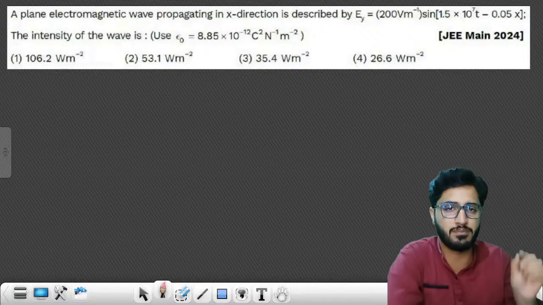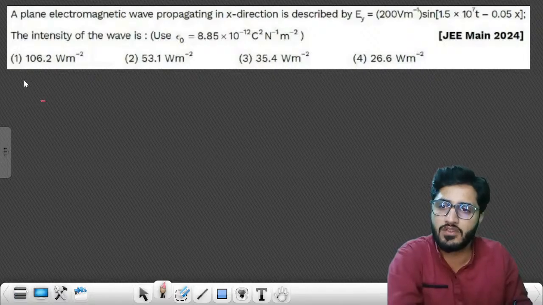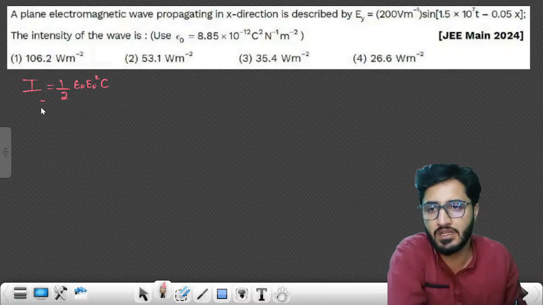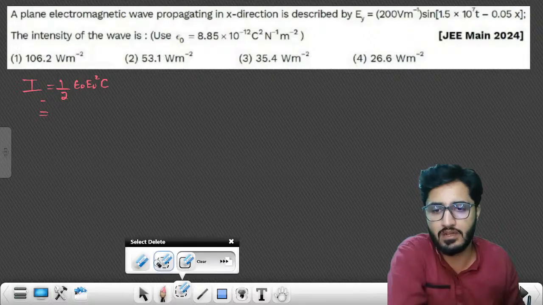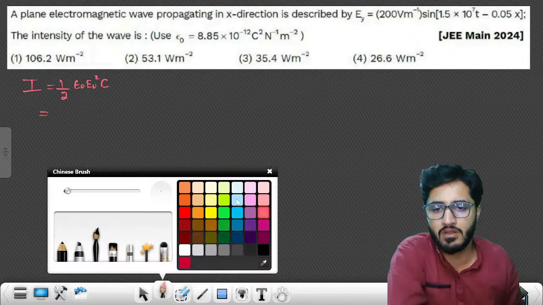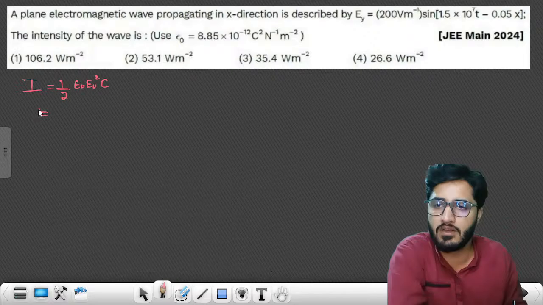Simple. Sir, intensity. I guess intensity equals 1 divided by 2 epsilon naught E naught square multiplied by c. Yes, sir. So now, what I can write is 1 by 2.